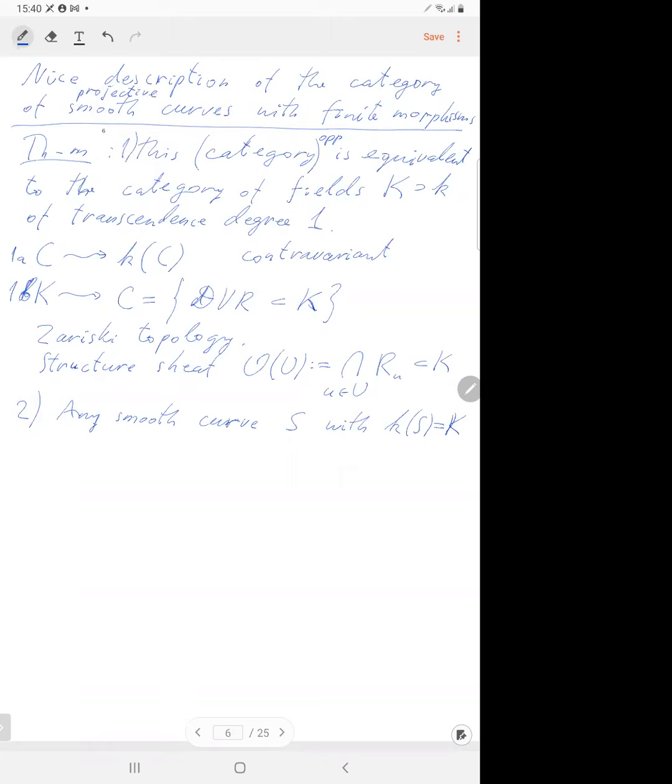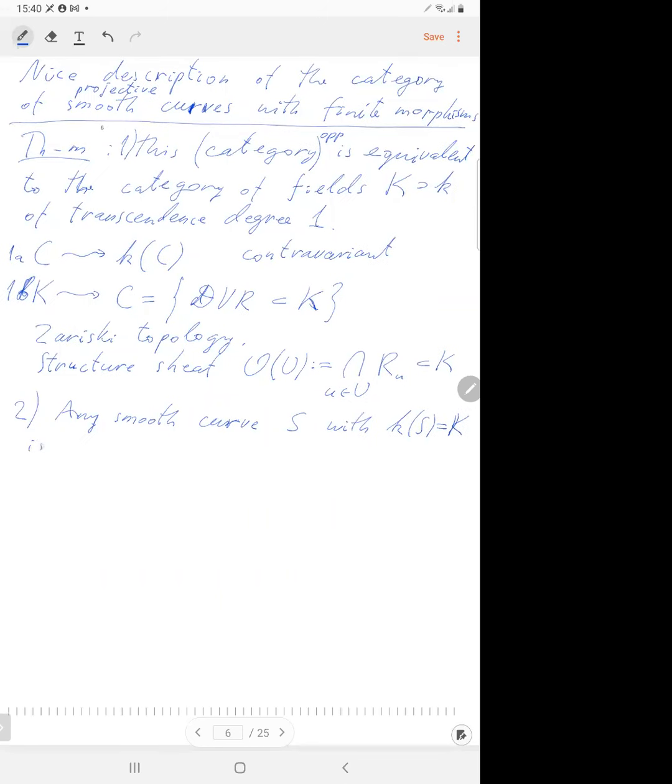Otherwise, certainly there are many curves with the same field of fractions. Yeah, you just remove a point and the field of fractions stays the same, and that's the subject of the present point too. So any smooth curve with the same field of fractions is isomorphic to this curve C of K that was constructed in the previous part of the theorem without finitely many points.